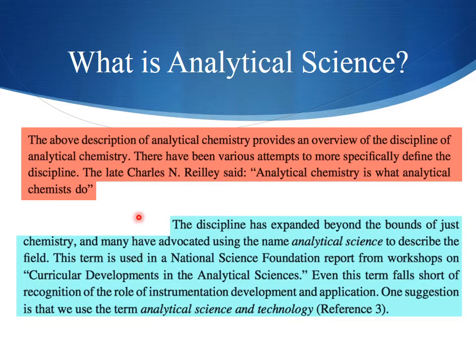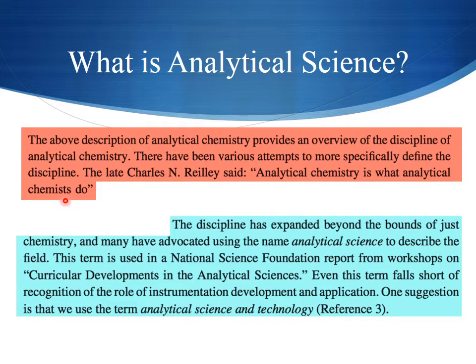Now we will move ahead from analytical chemistry towards analytical sciences. The discussion which we have done for analytical chemistry provides an overview of the discipline. There have been various attempts to more specifically define the discipline. The late Charles N. Reilley said, "Analytical chemistry is what analytical chemists do."